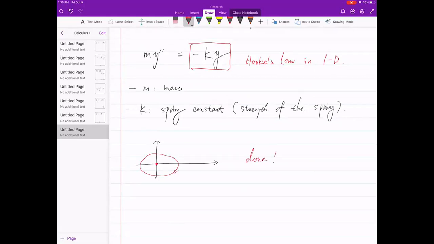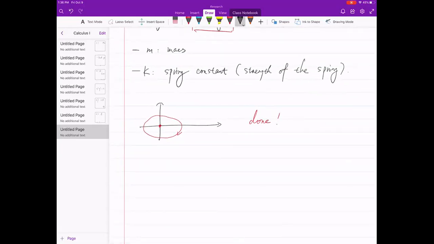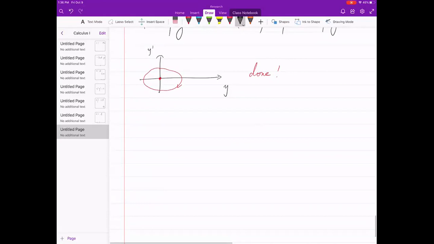Done. Sounds good. Now we want to do the damped.